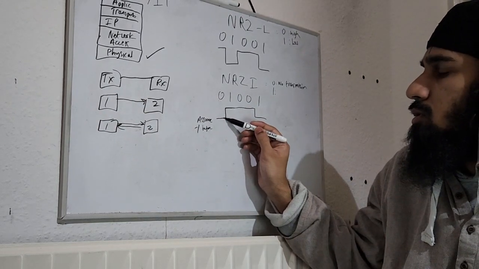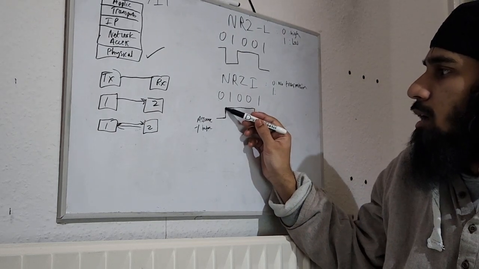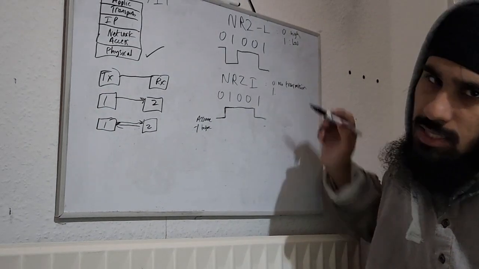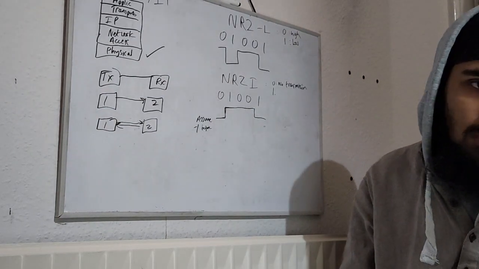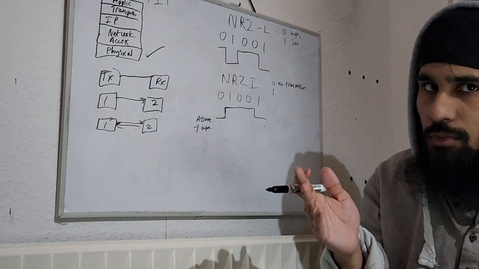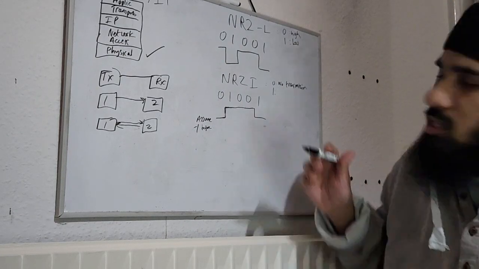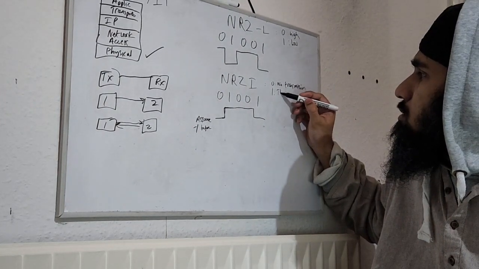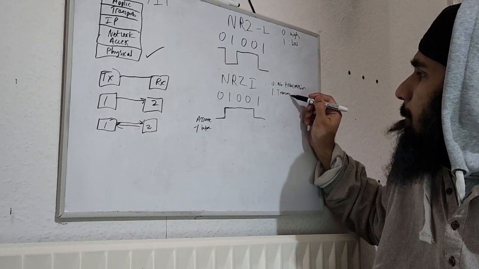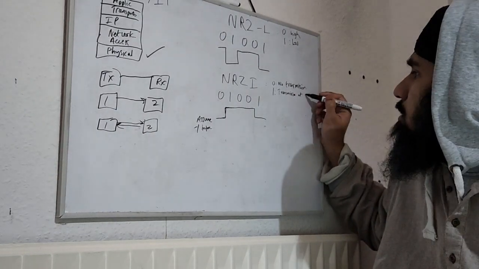So first was a 0, no transmission, and then when 1 came, it went high, then no transmission, and then it changes. So for 1, we do the opposite: it's a transition at the start of the bit.